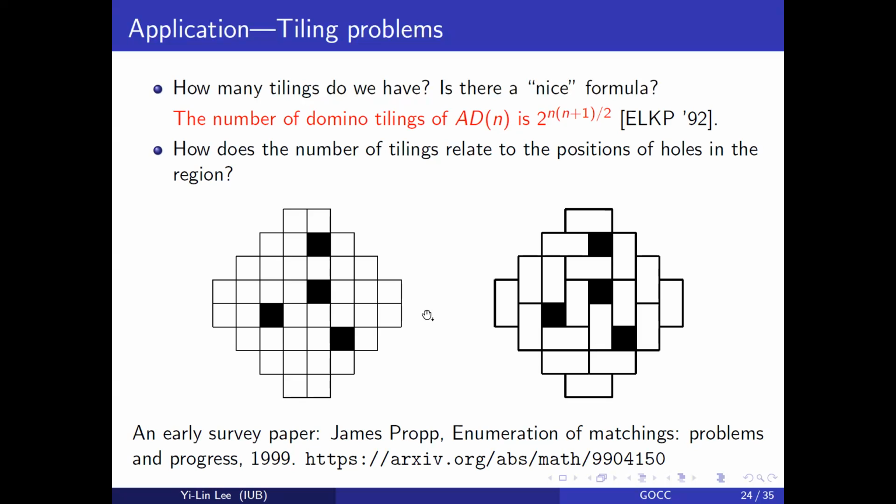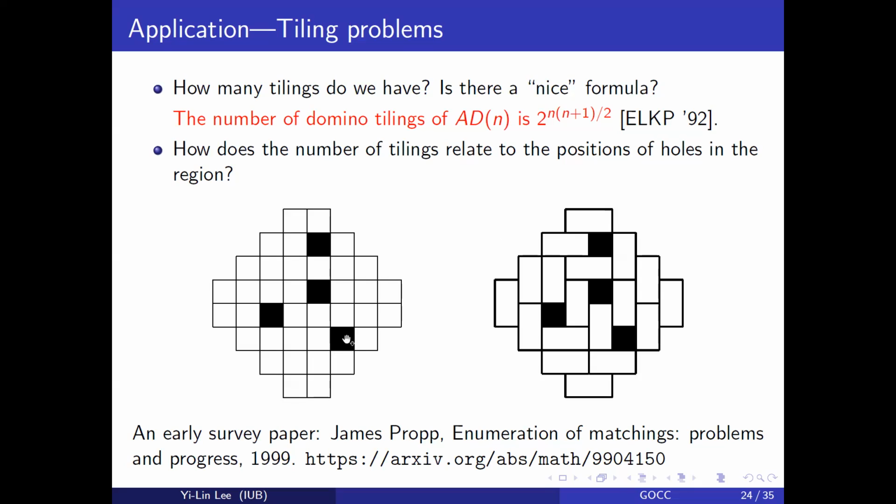And also we can consider holes in the region. For example, in this picture, there are 4 holes in the Arctic diamond region. If there's a hole, then this unit square cannot be tiled by dominoes. And on the right side, this is an example of a domino tiling of the region with holes. And the question is: how does the number of tilings change if we have a slightly different position of holes?